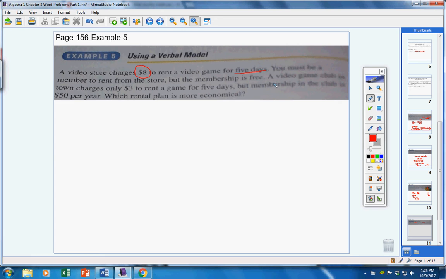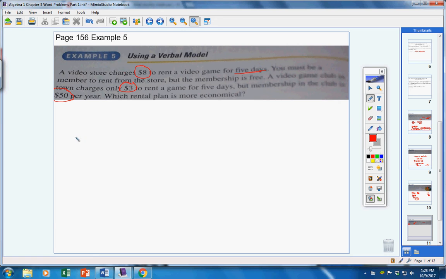There's another video store. They only charge $3 to rent a video game for 5 days, but you have to pay a membership of $50 every year. Which rental plan is more economical?